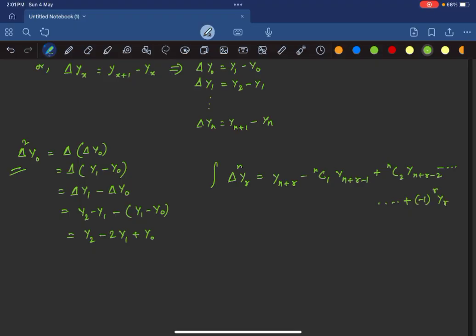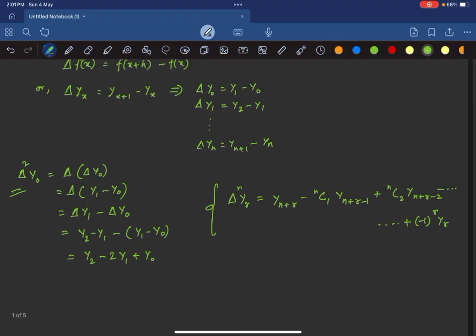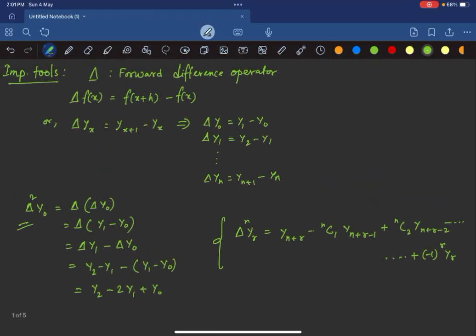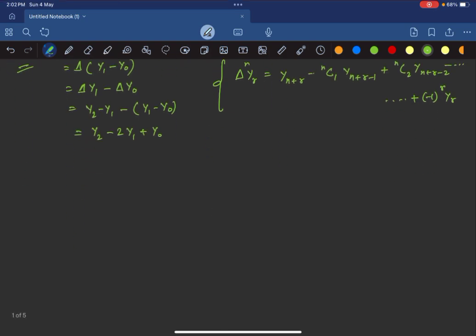This is the generalized formula. You can remember this formula, and this is the technique. Whenever it is required, you can take help of this forward difference operator. This is the first tool.